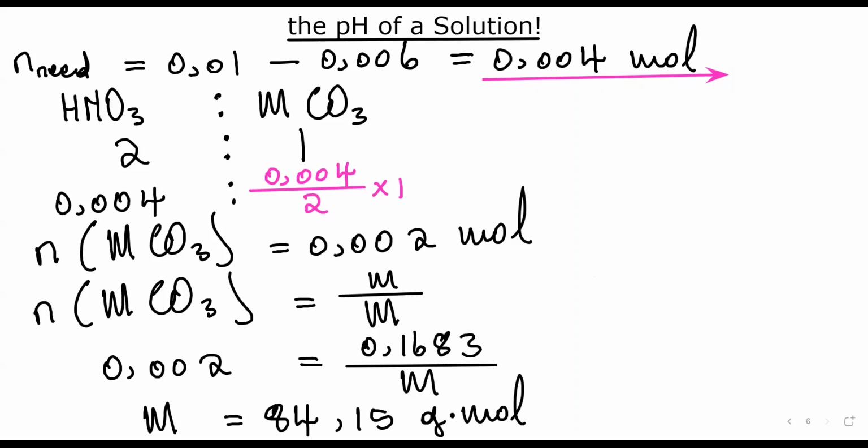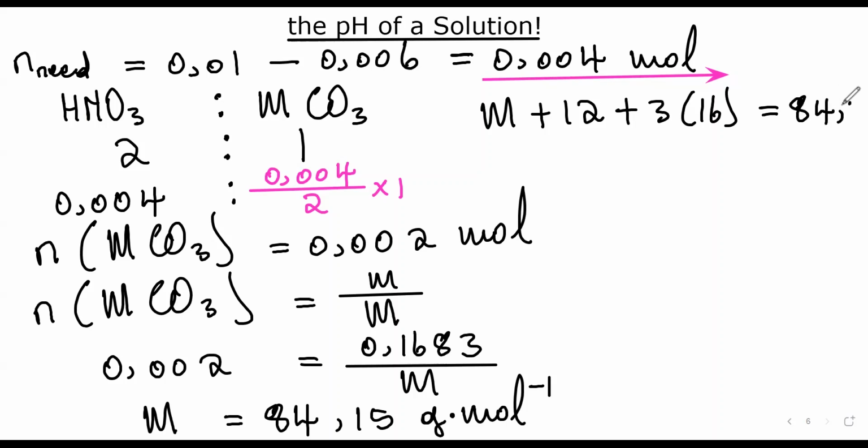All right. Then where to from this point? Well, we know the molar mass of the entire compound, but we know that this compound is actually made up of a certain molar mass, which we don't know, plus the molar mass of carbon, and 3 times the molar mass of oxygen. And this will be equal to 84.15.